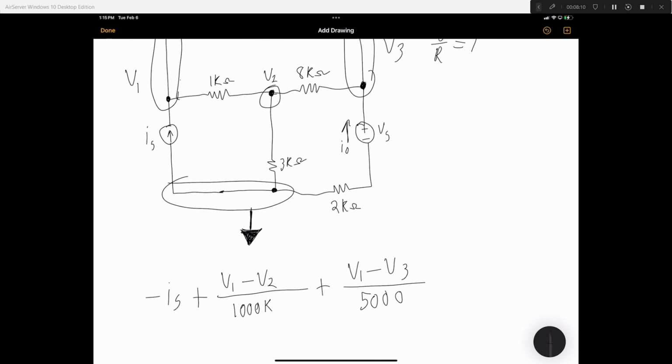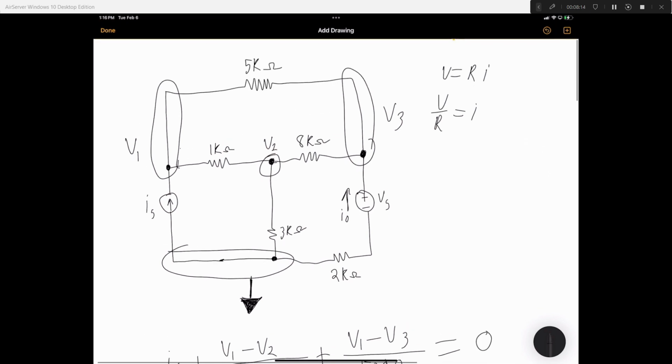And what does this KCL have to equal? 0. That is part B for this extra credit.